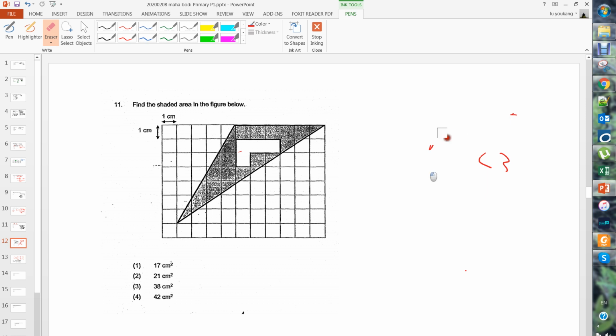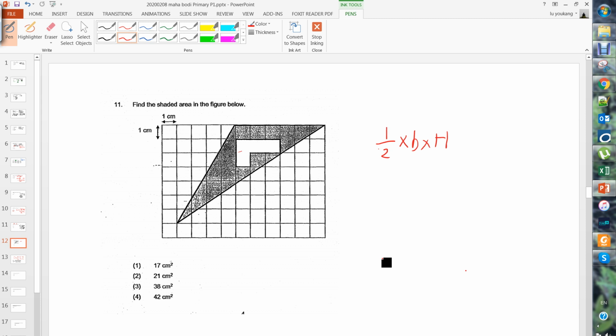Write down the formula for triangle. Okay, very good. What's the base? Which one is the base? Use your finger to point to me.